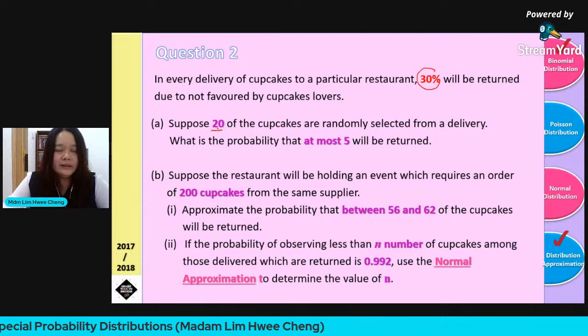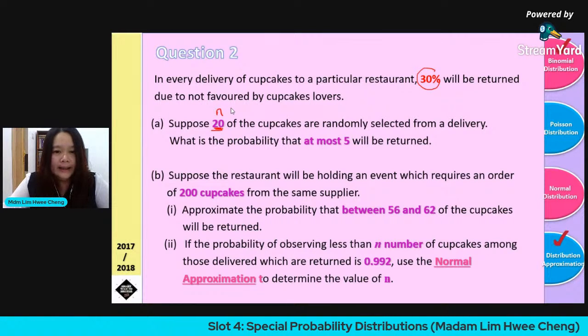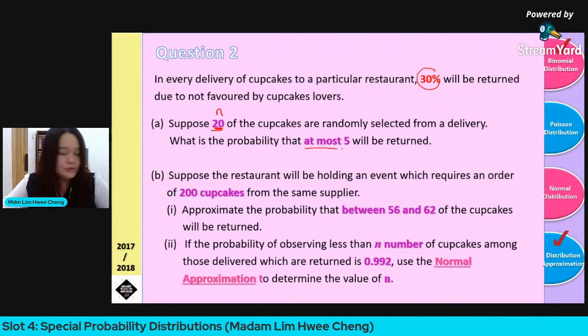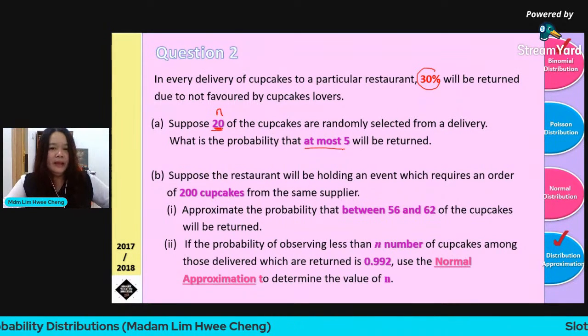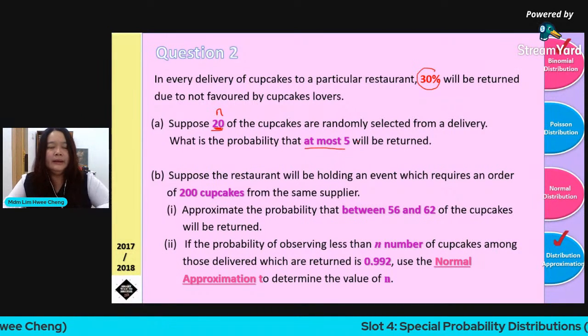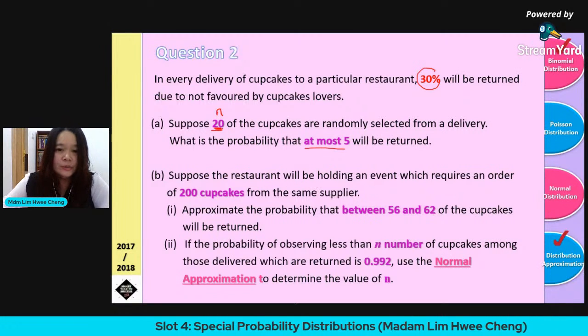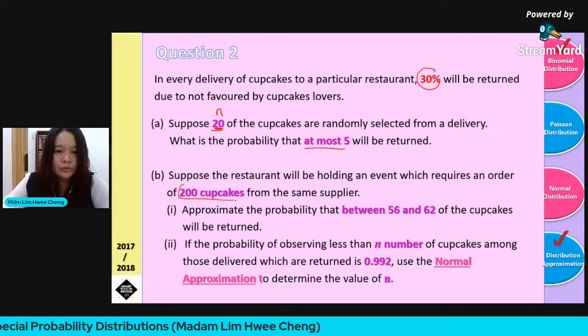Suppose that 20 of the cupcakes, so saya boleh anggap this is my sample, my number of trials, will be selected for a delivery. What is the probability at most, lebih-lebihnya, at most five will be returned? Then proceed to question B. Suppose the restaurant will be holding an event requiring 200 cupcakes.